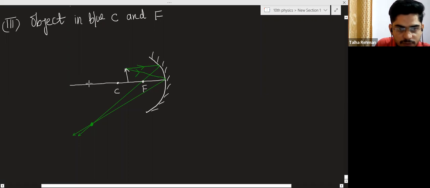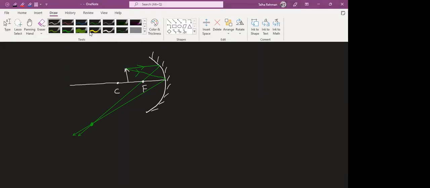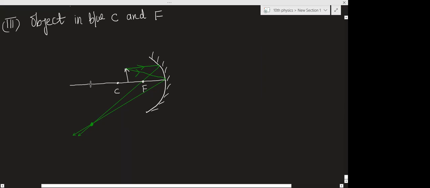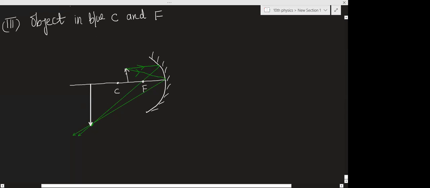Simply you should draw the arrow like this. This is the image this time. Now, Azaan, this is the straight object.